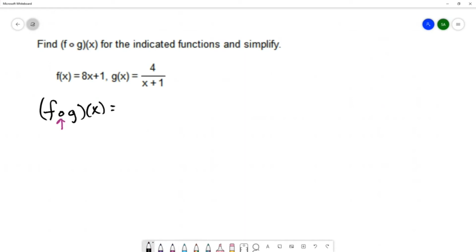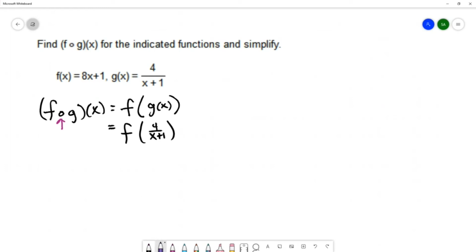So what it means is that we're going to take the function that is in front of the composition symbol, that's our outside function, and the function behind the composition symbol, that's our inside function, and we're going to do that substitution. So for this example, we're substituting g of x, which is 4 over x plus 1, into f.